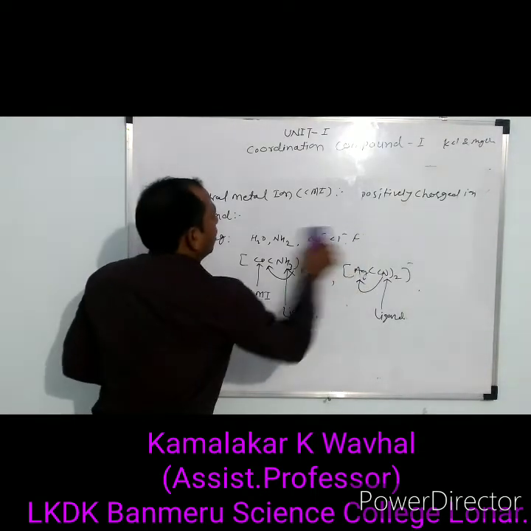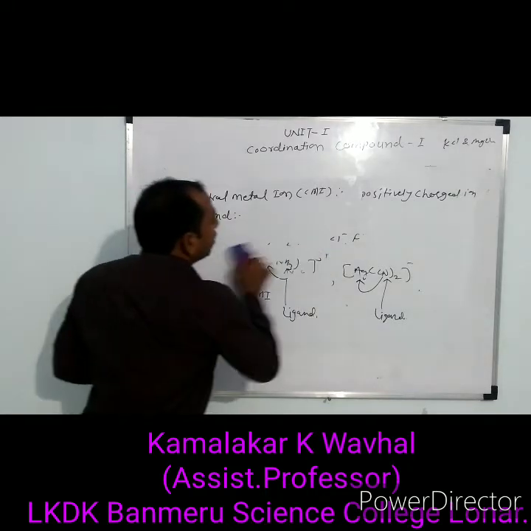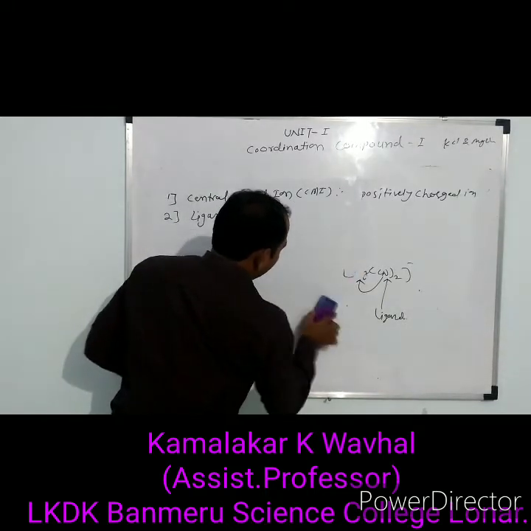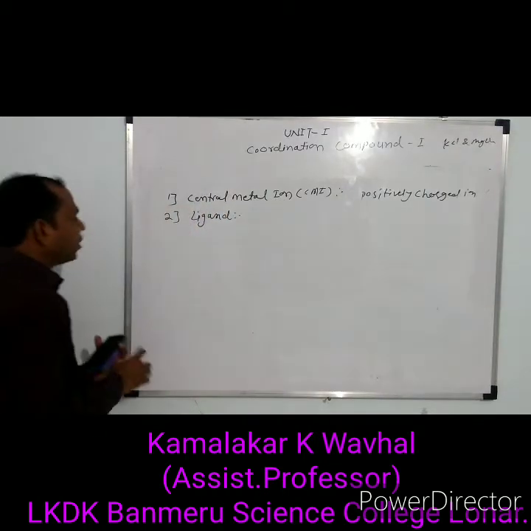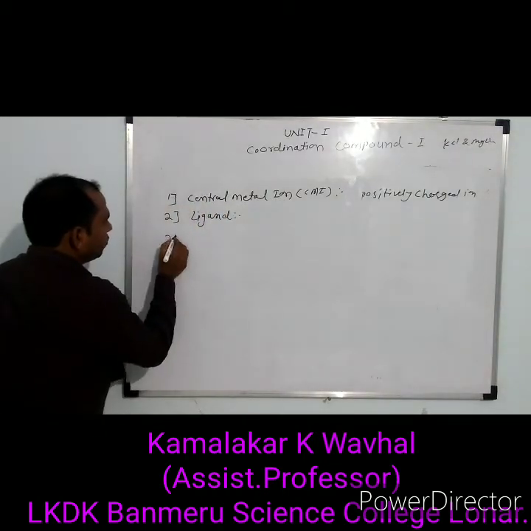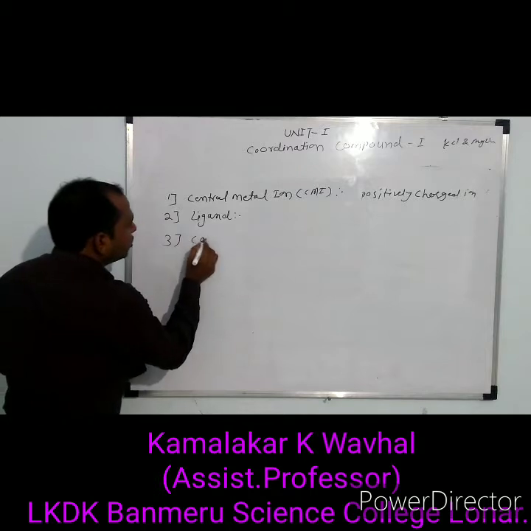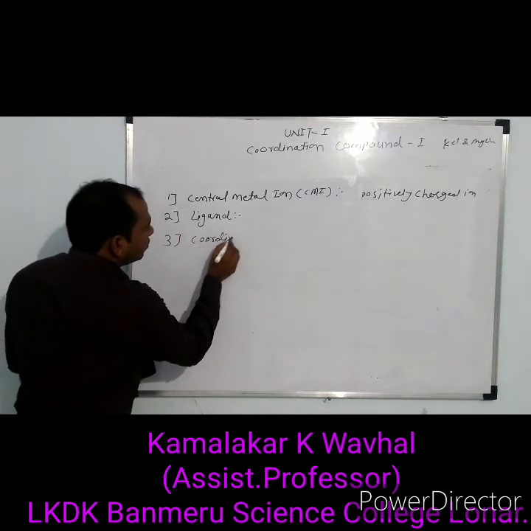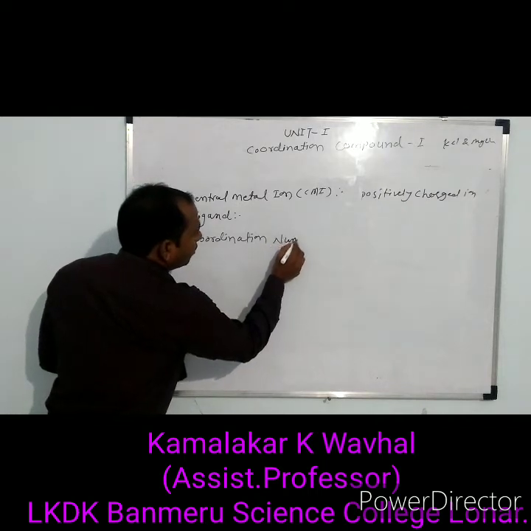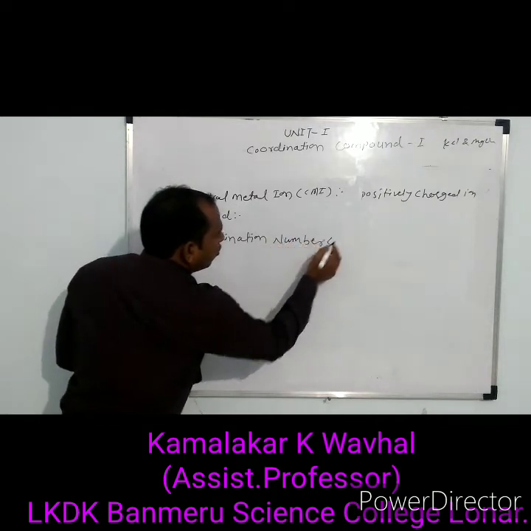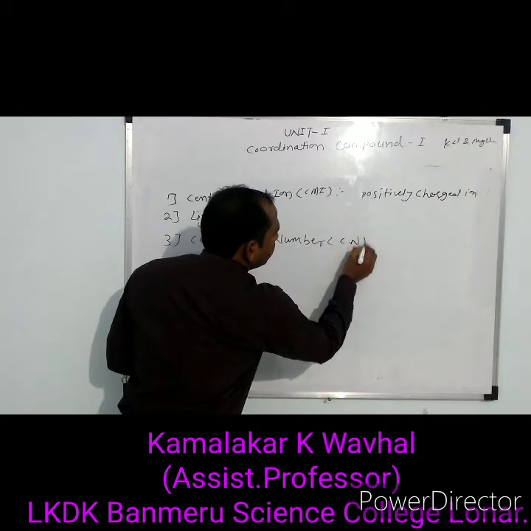Then third, coordination number. What is meant by coordination number? The coordination number means the total number of coordinate bonds. In short, it is called CN.